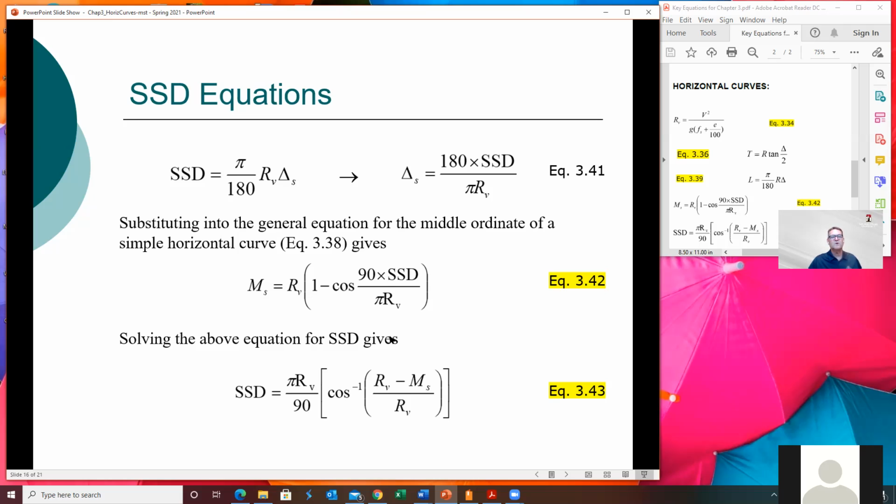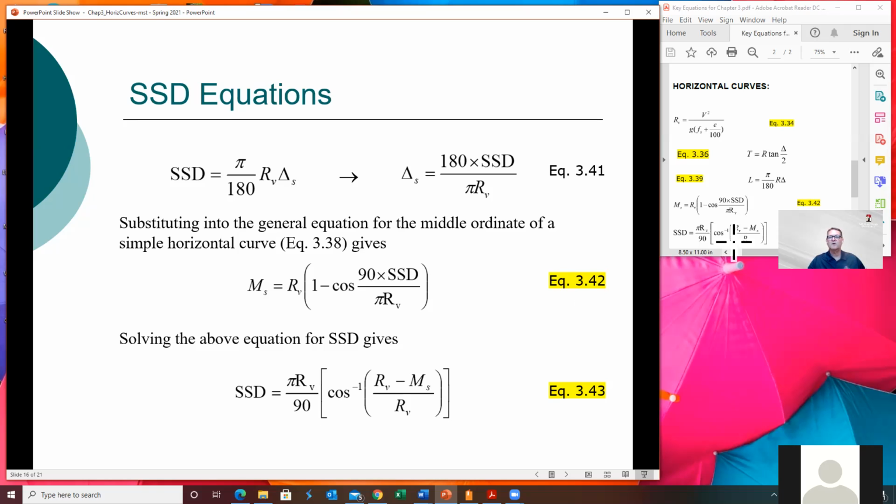You can also rearrange the terms of this equation. Let's say the obstruction is given, you know what it is, you can test it against various curves and so forth, and you can then calculate the minimum stopping sight distance that you need, given the distance of the object.